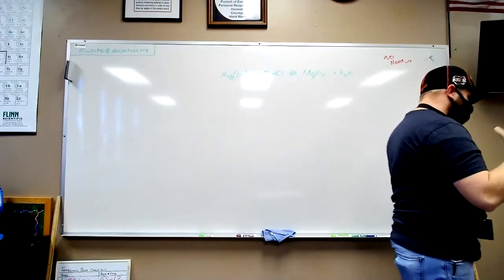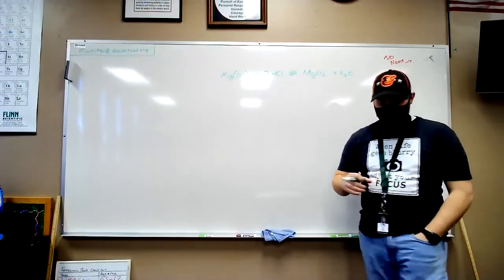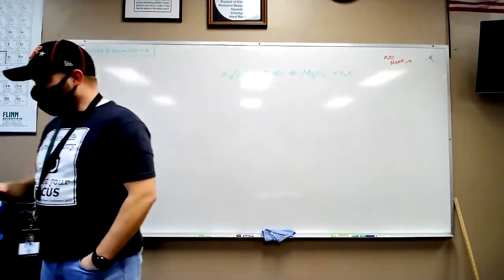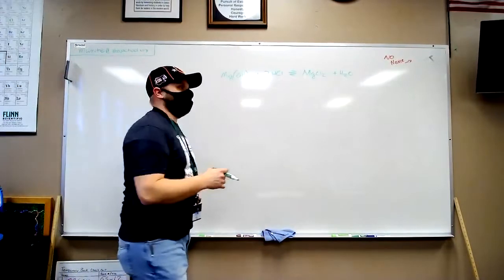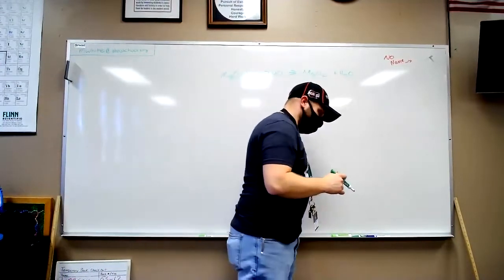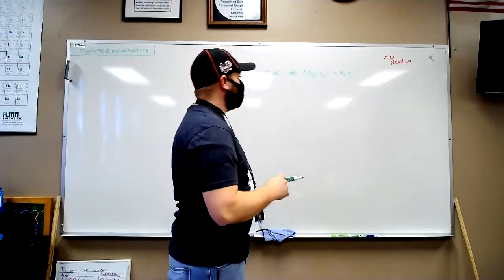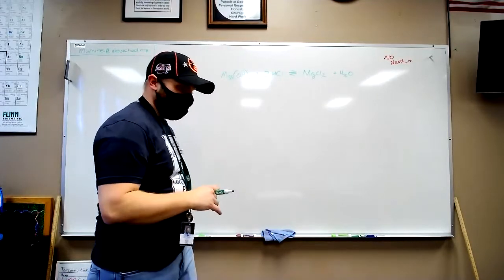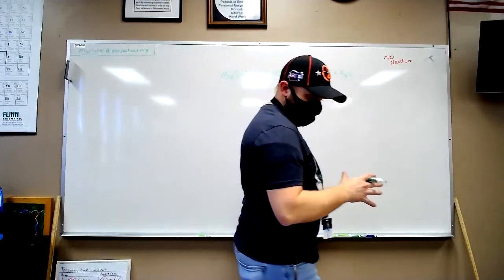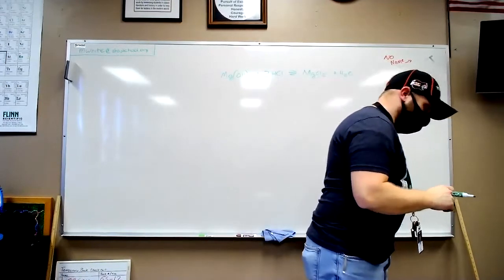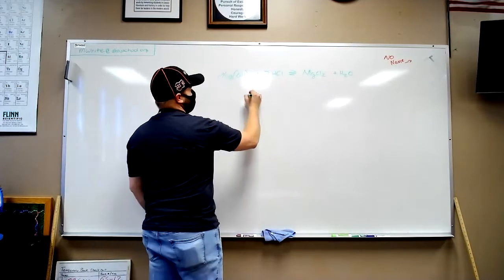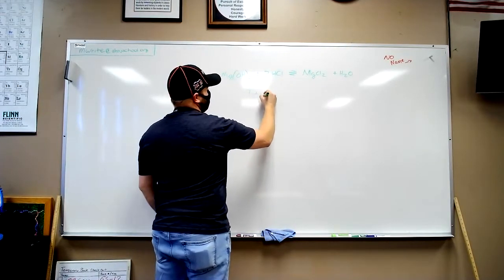Now we can actually use this to our advantage. So like I said, we're actually going to have a lab coming up here, and that is what we're going to do. We're going to be neutralizing acids and bases together. Now, what we are actually going to be doing is something called a titration.